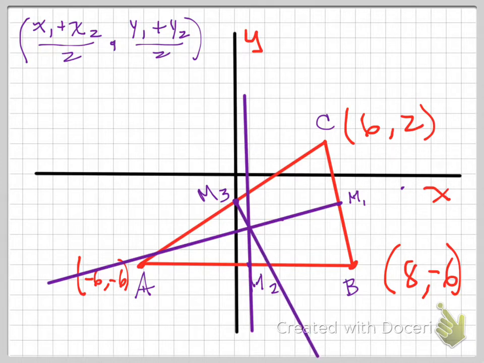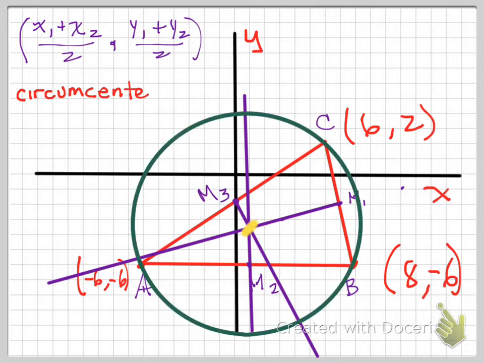And then notice that those three perpendicular bisectors all met right here at a point. That point has a special name, and the name of that point is the circumcenter. So there's a useful property of the circumcenter, and I have added a circle to the picture.